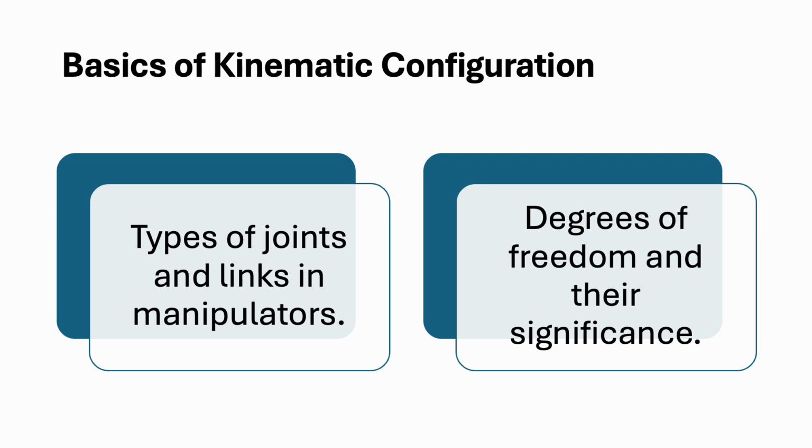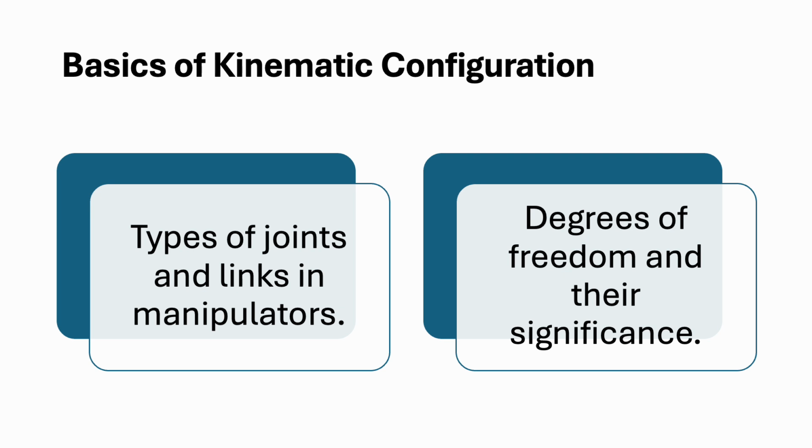Revolute joints allow rotational movements around an axis similar to a hinge, while prismatic joints permit linear motion along an axis like a slider. Links, on the other hand, are the rigid components that connect these joints, forming the structure of the manipulator.